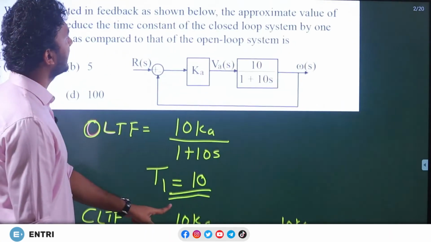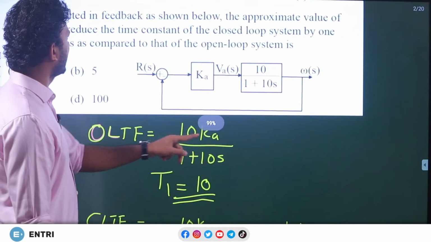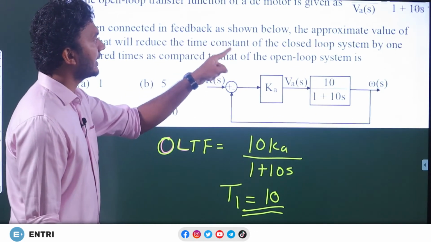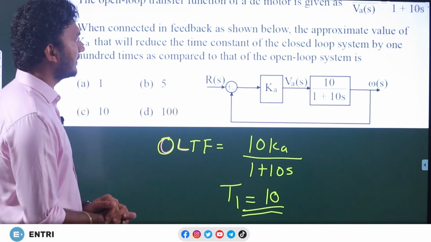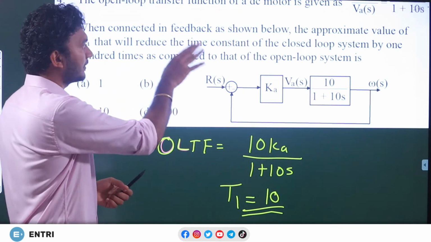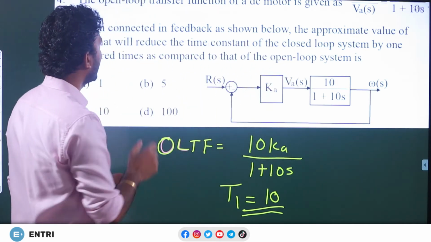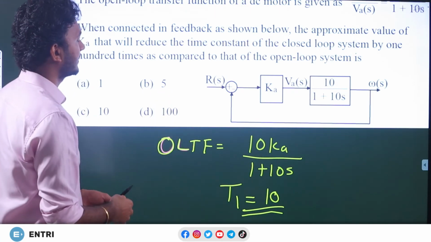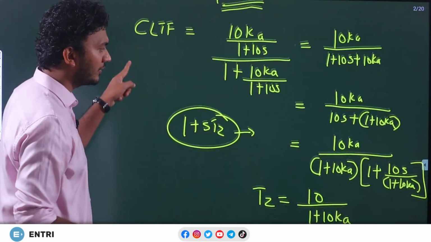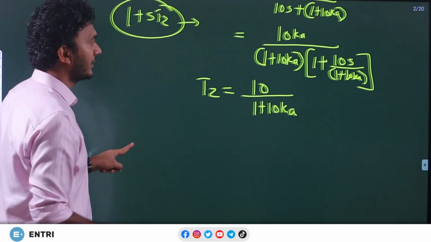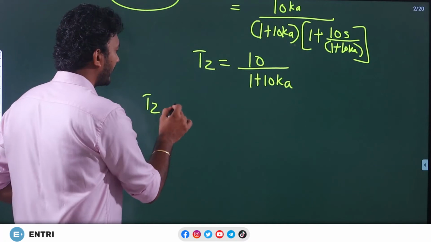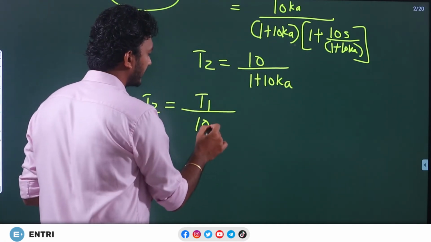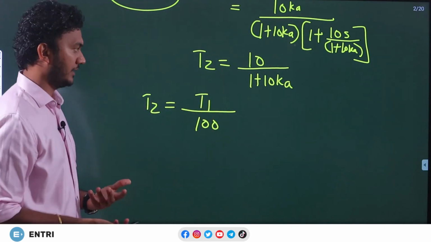Now look into the statement. They are telling us to reduce the time constant, so we are finding the value of Ka that will reduce the time constant of the closed loop system by 100 times. So T2 will be equal to T1 reduced by 100 times, which means T1 by 100.